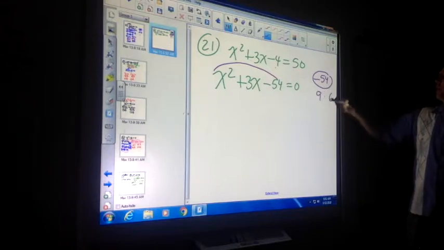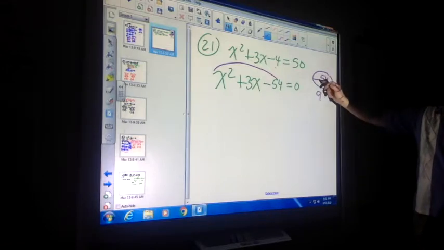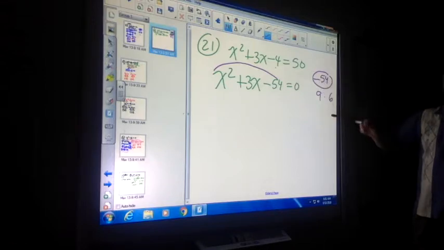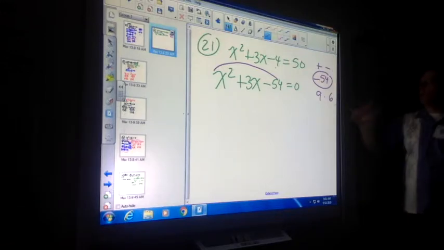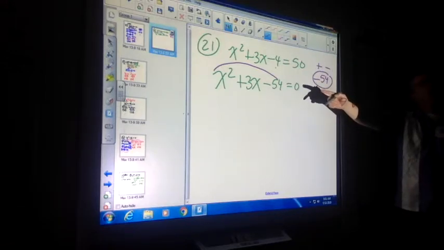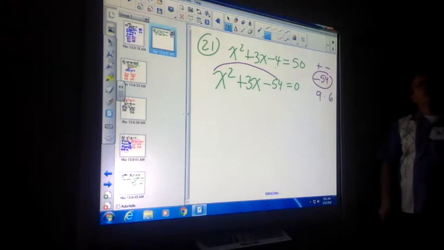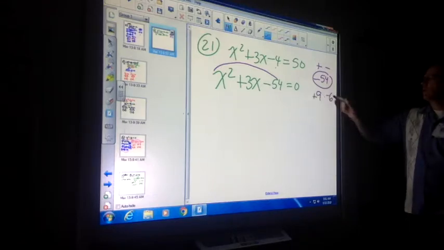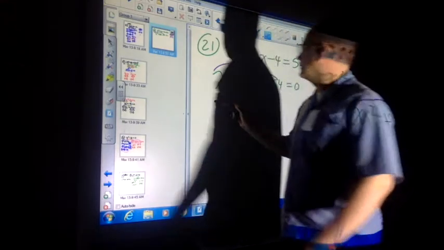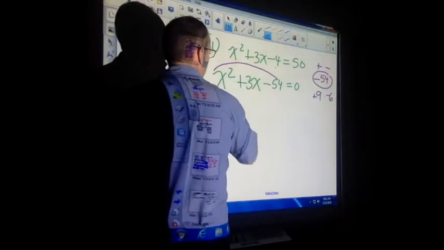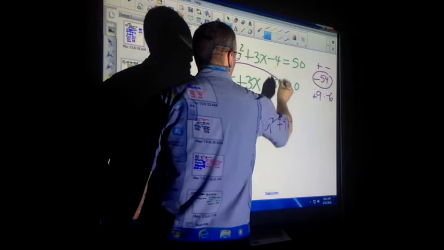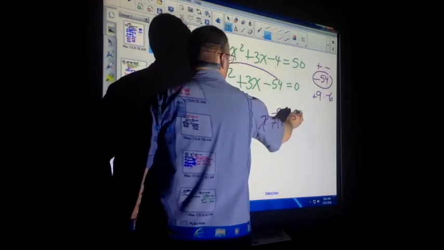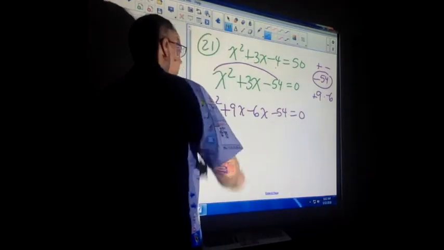You were close. Now, what if this is a negative here? What do we know the signs have got to be? Positive and negative, right? Which one's positive, to add to negative or add to positive 3? The 9. I get x squared plus 9x minus 6x minus 54. It's still equal to 0 because we're solving it.